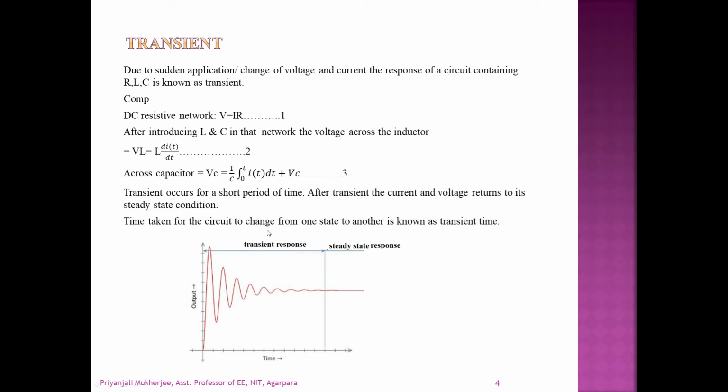The overall response is of two types, transient response and steady state response, and the summation of these two gives us the overall response. The time taken for the circuit to change from the transient response to the steady state response is known as the transient time.